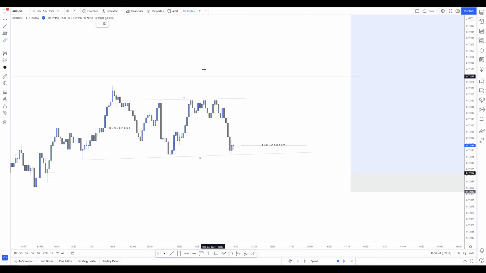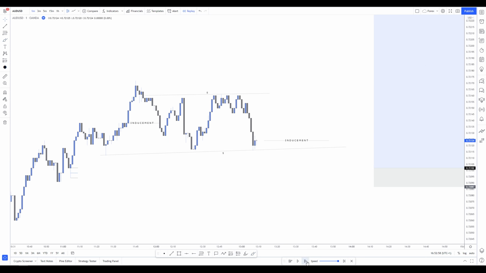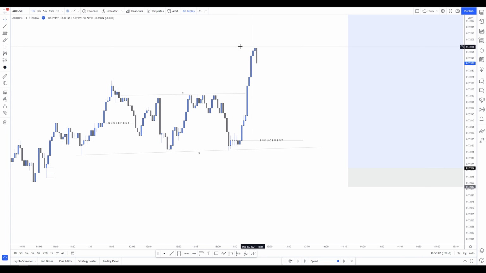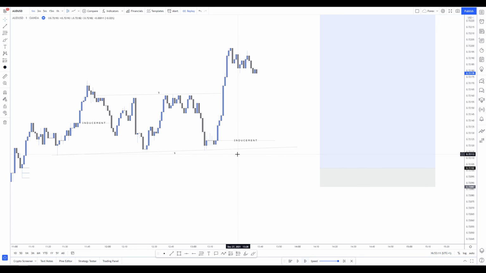Most of the time price is creating a range and is moving up and down, and one time it's going to be taken out to the upside and then to the downside as well. So let's see what happens next. Now price shoots off pretty aggressively, took out the liquidity from these highs right here, and then came back down to this order block right here.